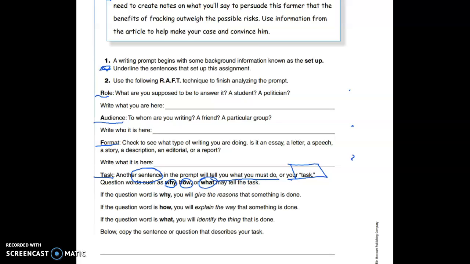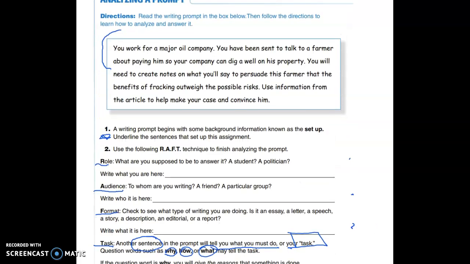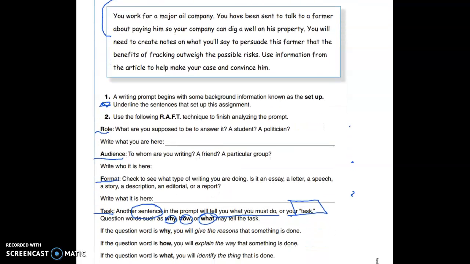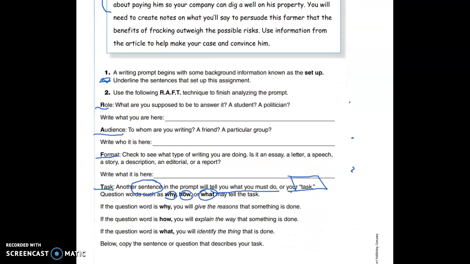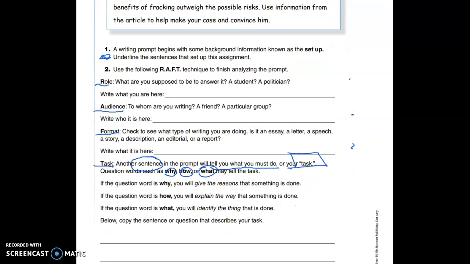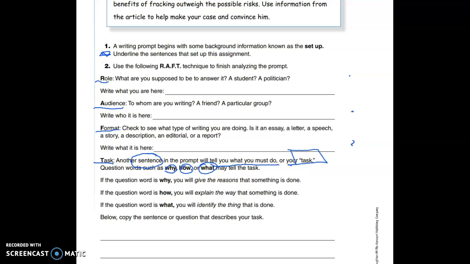Okay, so you're going to think what these words are. You're going to look back at the prompt and say, what is it asking me to do? You will need to what? And what is it that you're trying to get that audience to know, to believe, or to do, or any other things you can get them to do?